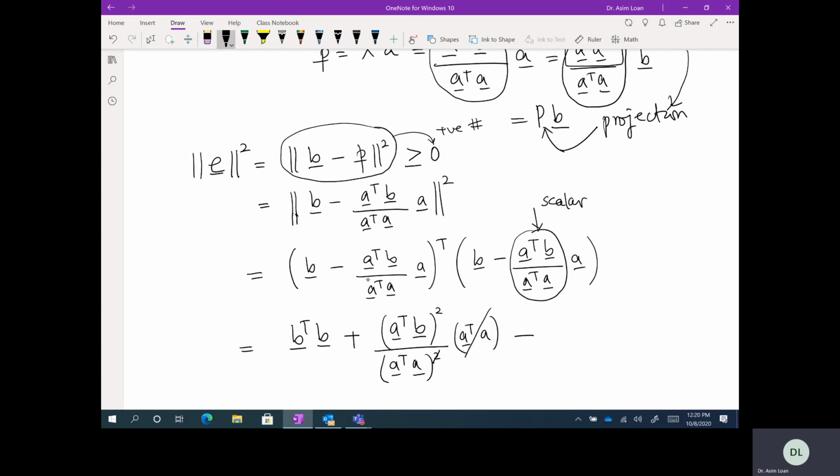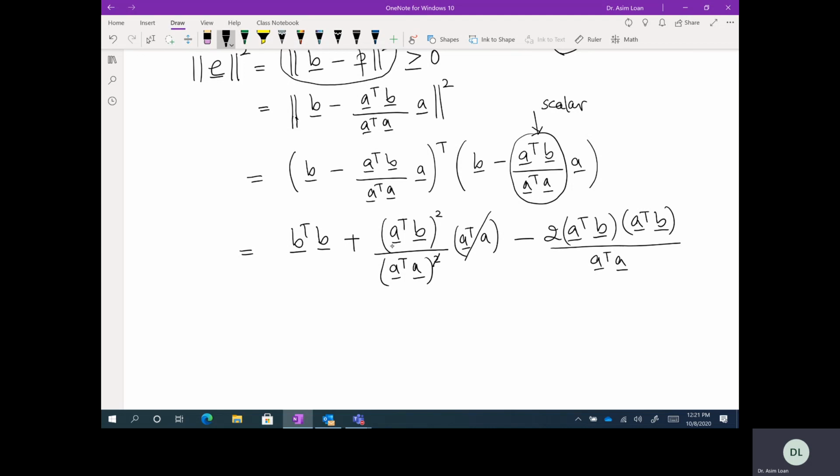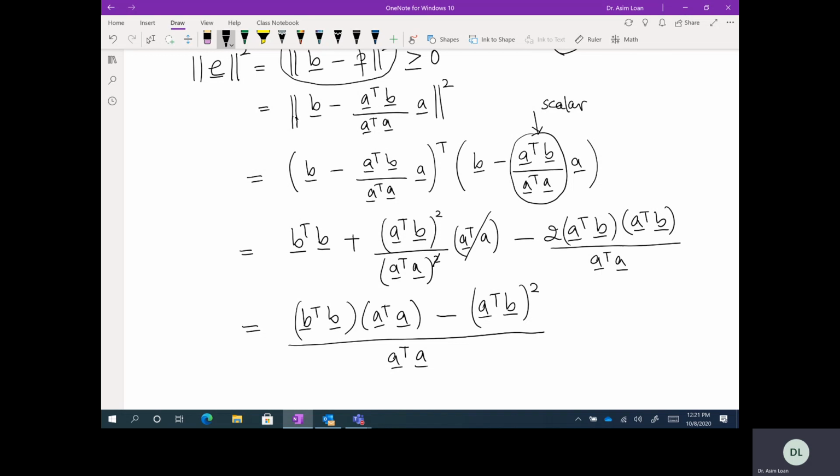Then I have minus 2 times A transpose B into A transpose B over A transpose A, and this is minus 2A square, this is plus A square, same thing here, so I can write this as B transpose B into A transpose A minus A transpose B square, everything is scalar, divided by A transpose A, and this is greater or equal to 0.